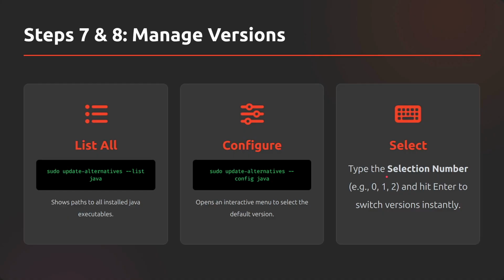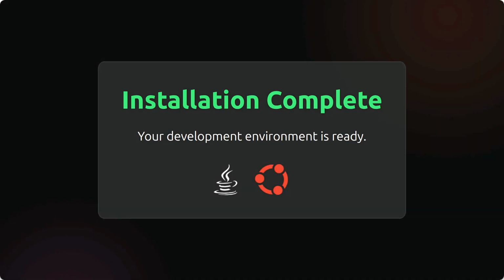You just have to type the selection number, so 0, 1 or 2, any from the selection, and press enter, and this will switch the version from the default to another version. These are the overall steps using which we can install Java and even manage the different versions. So now let's dive into the demo and see how we can practically do it.